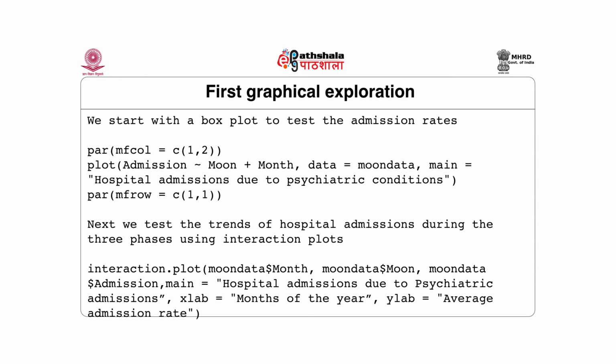The second kind of plot, which is very important here, is what is known as an interaction plot. In an interaction plot, we are again going to put on the y-axis the continuous variable. In our particular situation, it is the total number of psychiatric hospital admissions, or the rate of psychiatric hospital admissions.